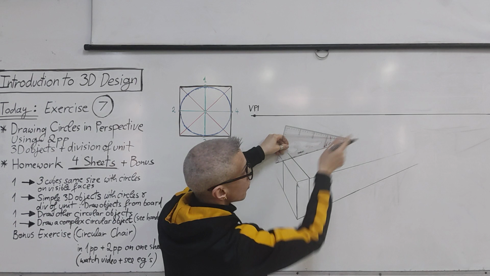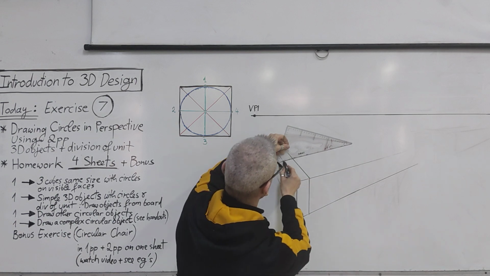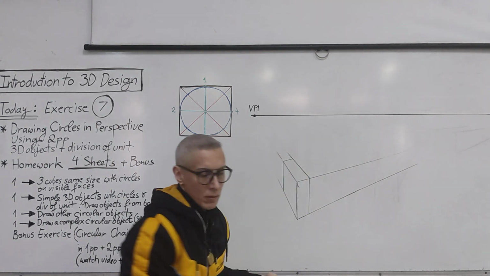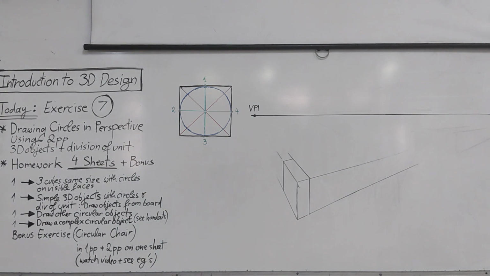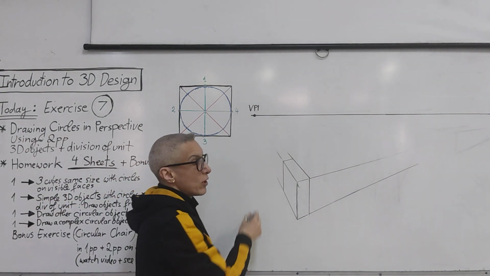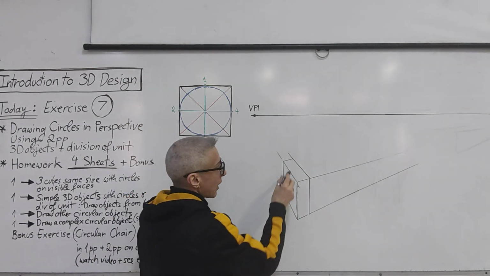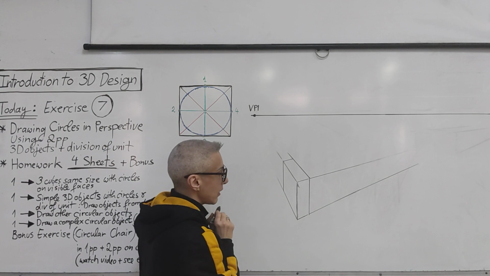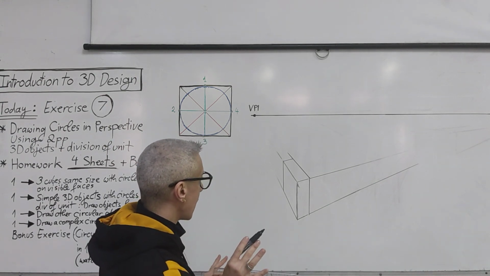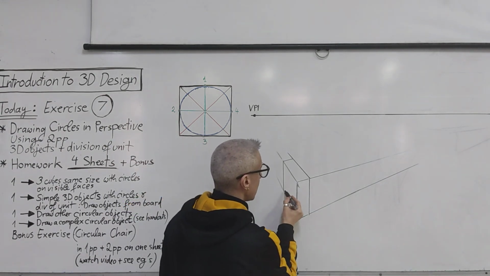And this point to the other vanishing point. Okay. So this is what a cuboid, because my object is a little bit elongated, we will have a circular object inside here.